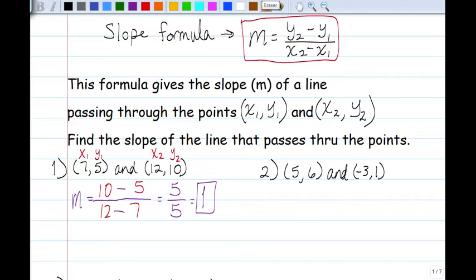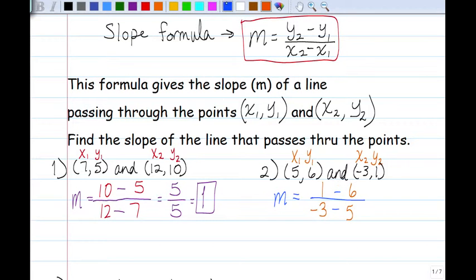Alright, let's do another example here. Again, I'm going to label x1, y1, x2, y2. So m equals 1 minus 6 over negative 3 minus 5.